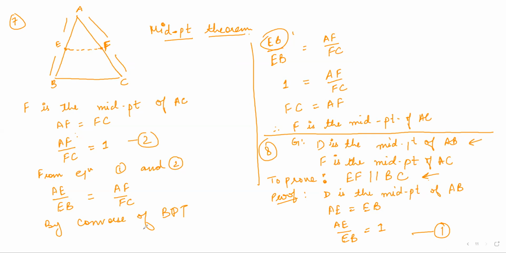If the theorem is still not clear in your mind, how will you do questions? AE by EB equals AF by FC.